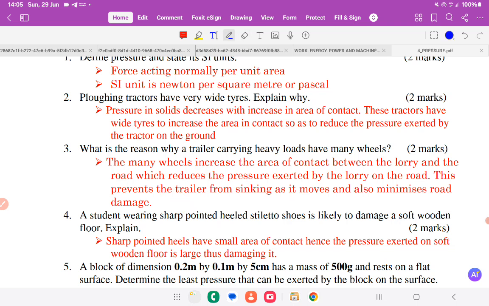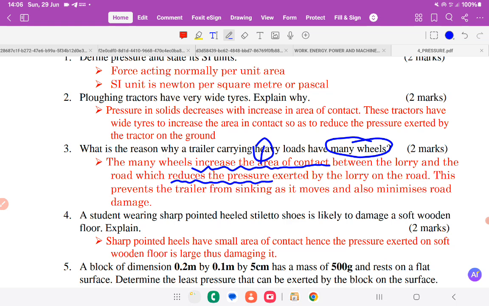Okay, so look, we are saying many wheels will increase area of contact. Okay, that's one mark. To increase area of contact, and this will reduce pressure.